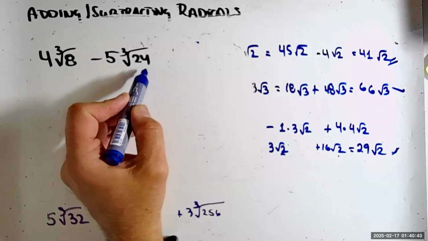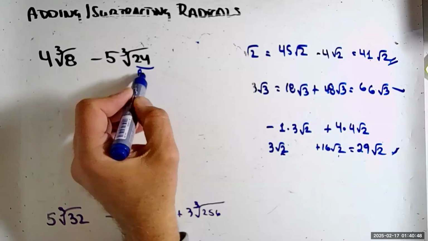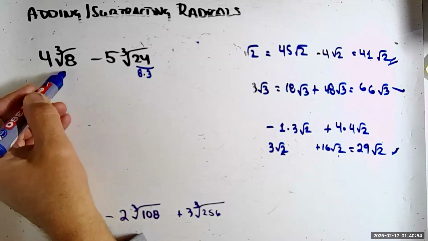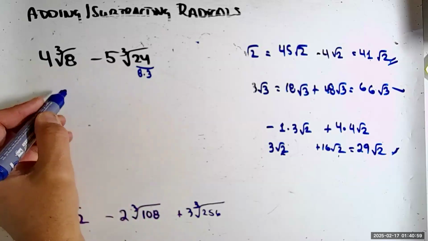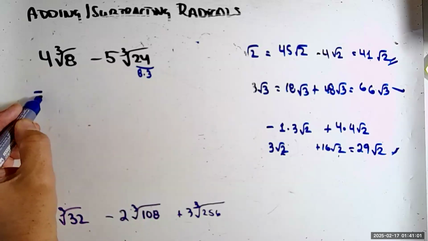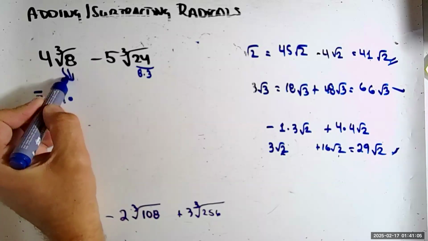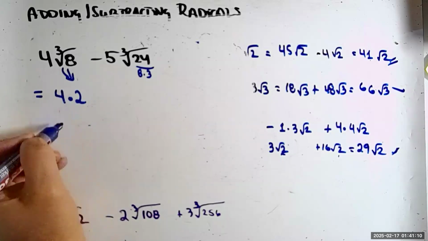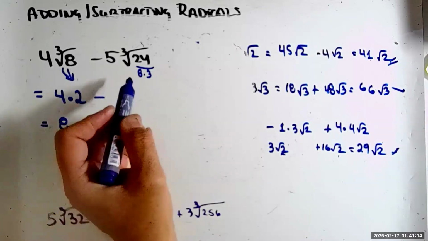We got something here, and then 24 can be broken down as 8 times 3. Well, let's see what we have. So we have, this is equal to, let me just write down here, equal to 4 times cube root of 8 will be 2, and 4 times 2, 8, minus.